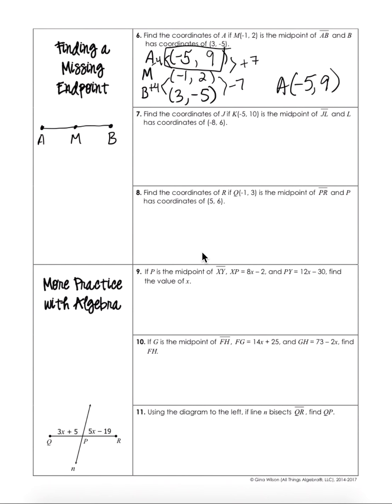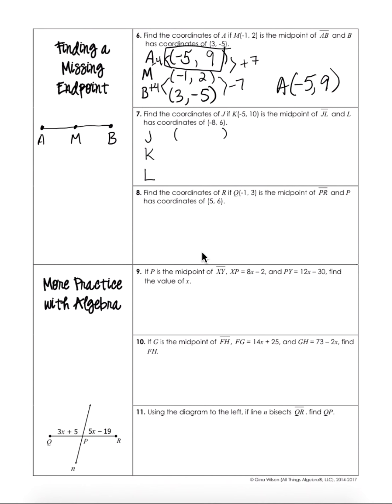All right, let's try another one together. Number 7 says, find the coordinates of J if K is the midpoint of JL and L has this other coordinate. Okay, so what do we got here? We have point J, we have point K, and we have point L. I don't know J. That's what I'm looking for.